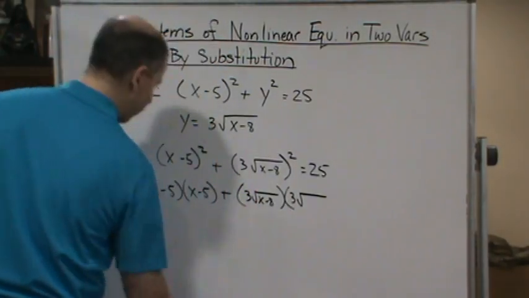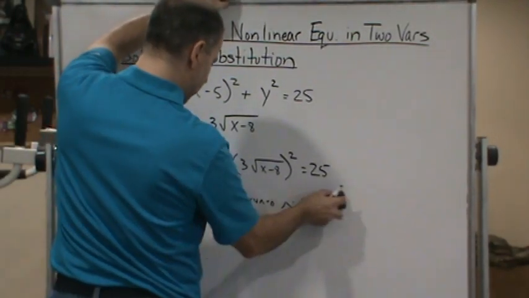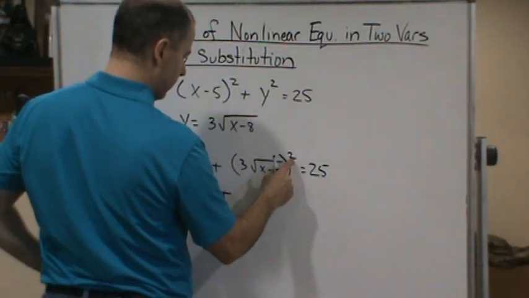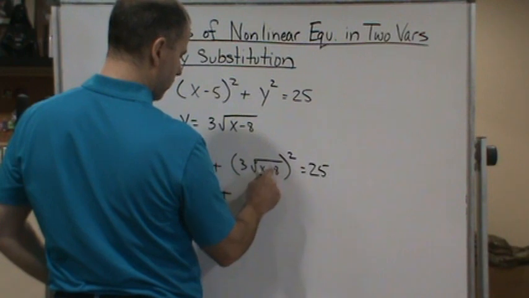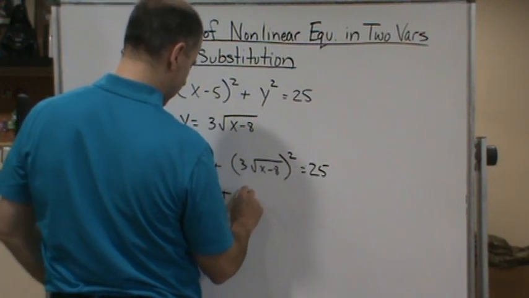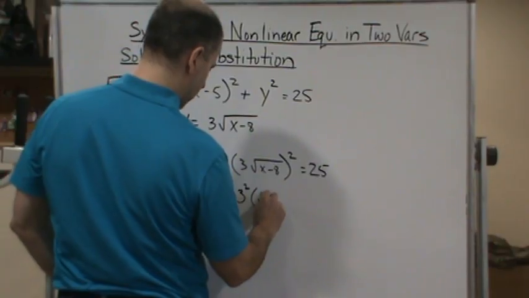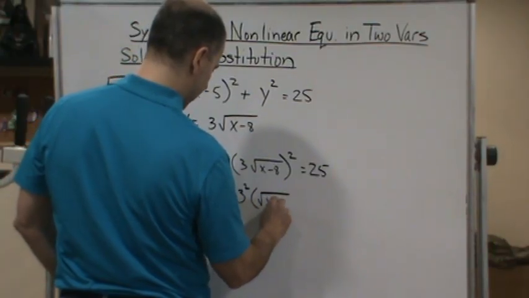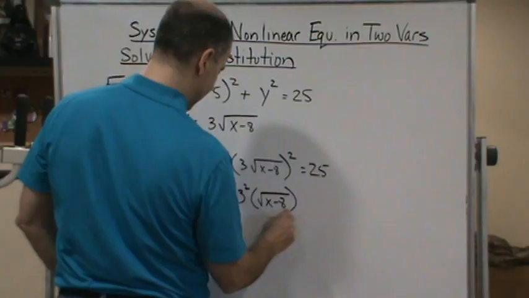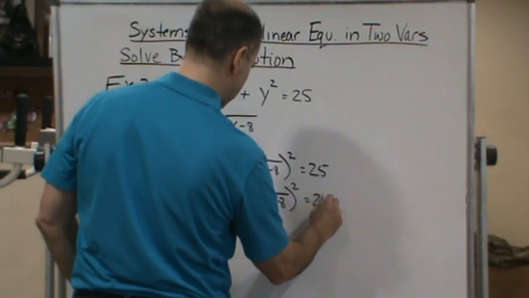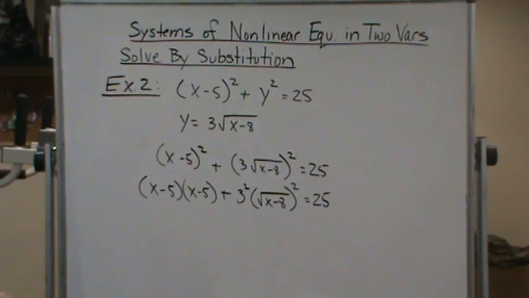Well, actually, even before we do that, I'm getting ahead of myself, because we have a square root in there. We're going to distribute the exponent to both of these. So this would be 3² times (√(x − 8))² = 25. I almost made a mistake there, going a little too fast.